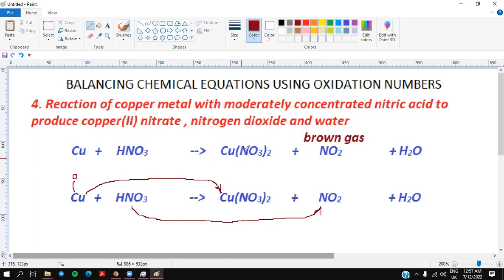On the right-hand side, the name also says copper 2 nitrate. Copper 2 because copper oxidation number is +2. Here, copper undergoes oxidation. In this oxidation, 2 electrons are removed. So I write 2 electrons lost.